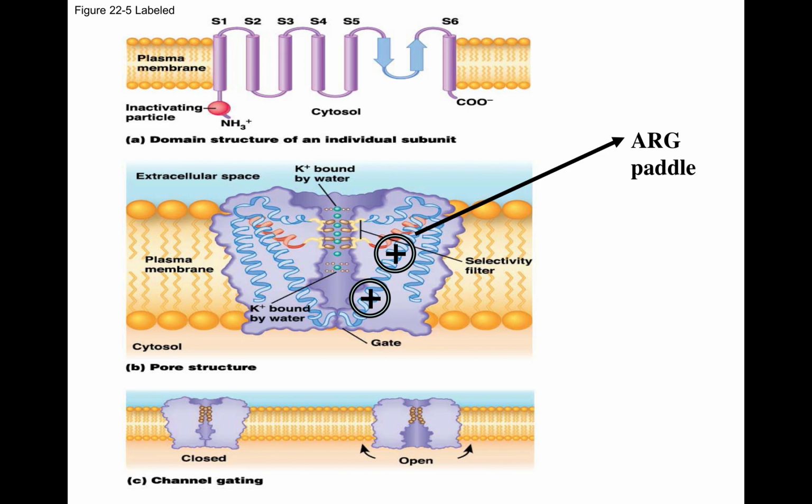So at rest, the cell maintains a negative membrane potential, meaning that the balance of all the ions on the inside of the cell is negative. If you add up the charge of all those ions, the inside of the cell is negative relative to the outside.